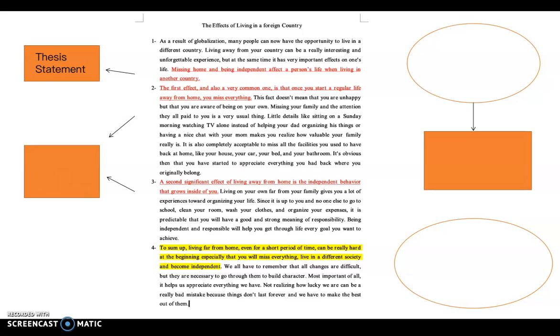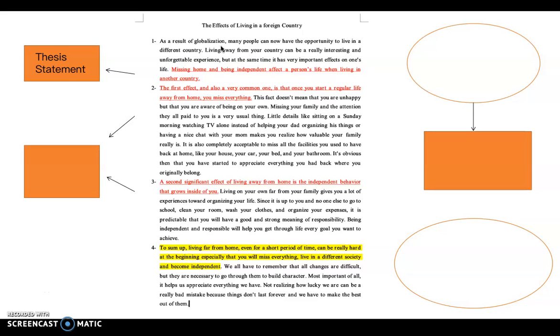After reading the essay, we notice that this is the thesis statement. We have our first keyword, missing home, and our second keyword, being independent, and the topic is living in another country. So as you noticed here, we started with the keywords and not the topic, which is completely fine. And the type of the introduction is opposite, because the writer started by saying that as a result of globalization, many people have the opportunity of living in a different country, which is a positive thing.